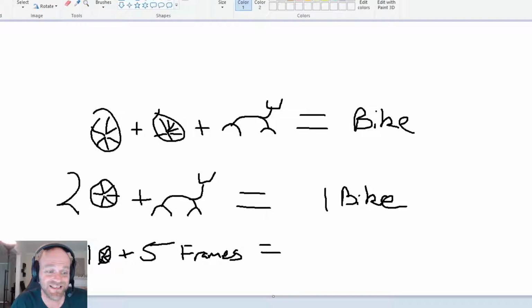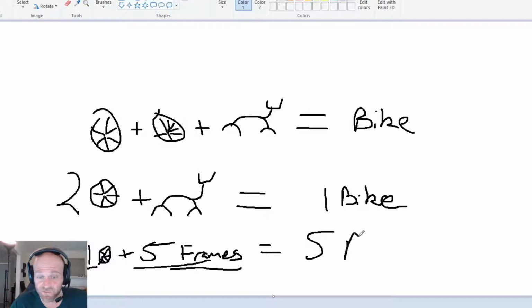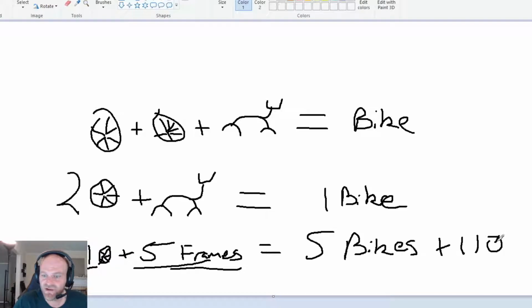Well, I can't make 10 bikes just because I have 20 tires, because I don't have enough frames to fill the bikes up. So this is what we call a limiting reactant. I can only build 5 bikes because I only have enough materials for 5 bikes. Even though I got all these extra bike tires over here, they're still going to be just bike tires. So I can build, I'll use 10 of the tires, and then on this side I'll have 11 tires left, right? Kind of like a remainder.